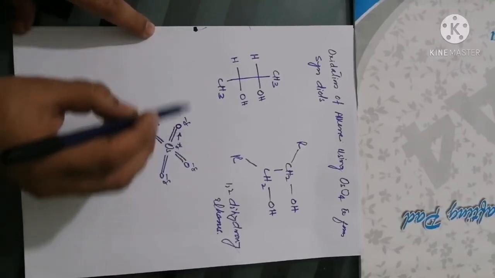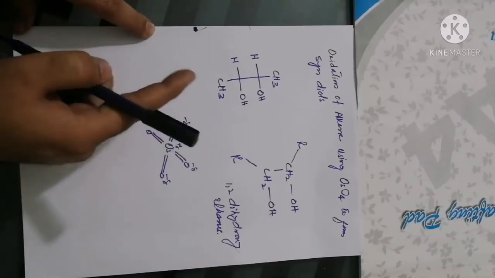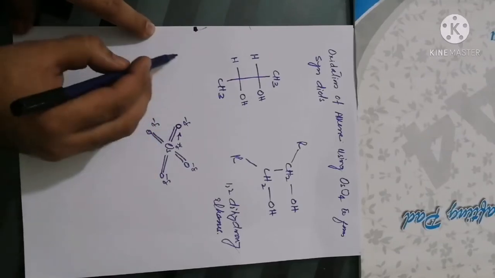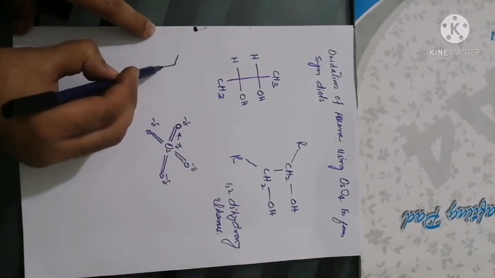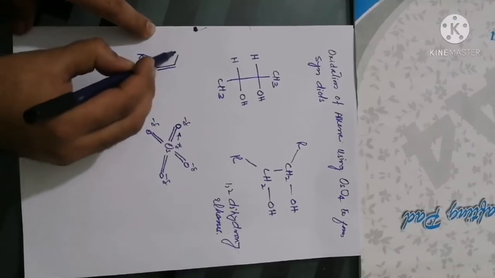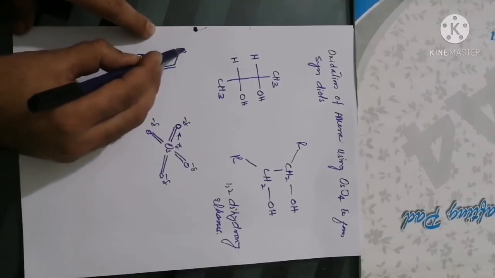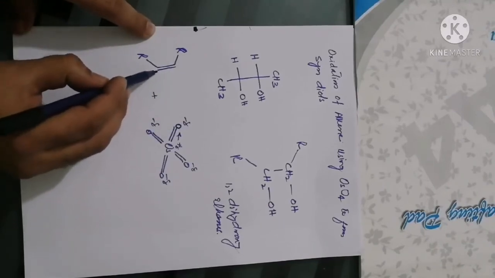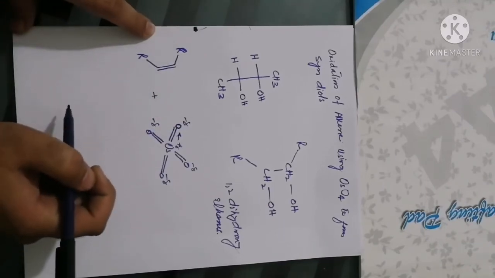And the alkene, we know from our previous class, acts as a good nucleophile. This olefinic double bond acts as a nucleophile.